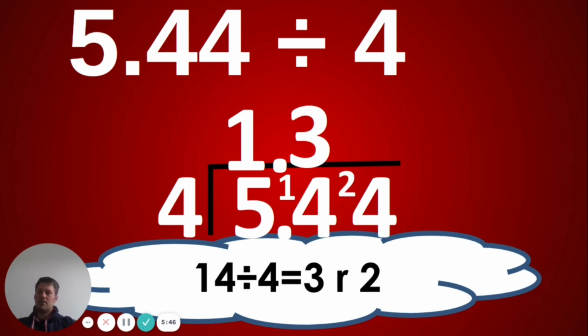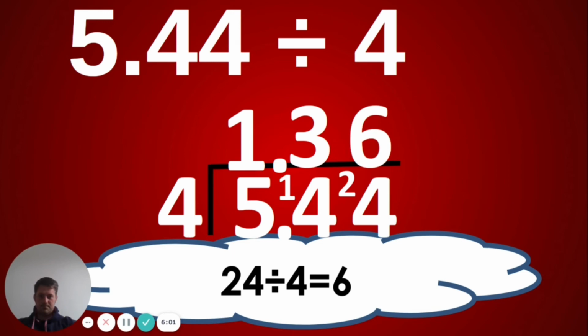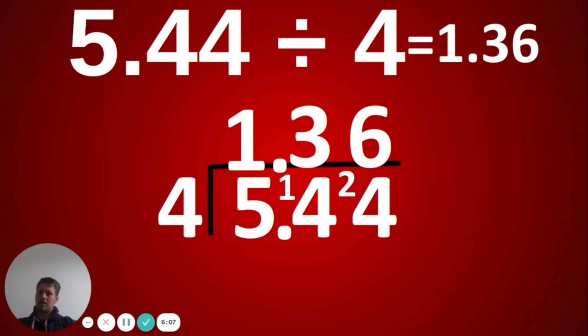So you write 3 on the top and you carry the 2 across. Final part of this one, how many groups of 4 can you make if you've got 24? 24 divided by 4 equals 6. So therefore, 5.44 divided by 4 is 1.36.